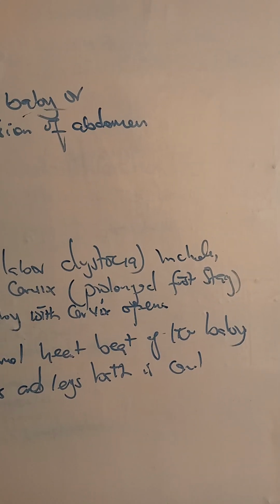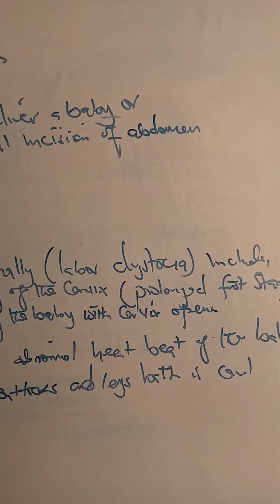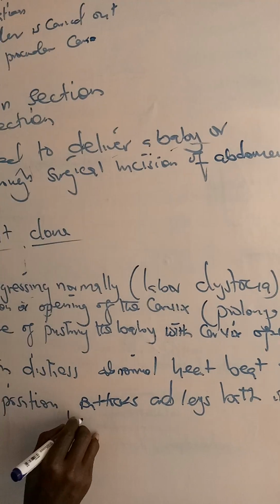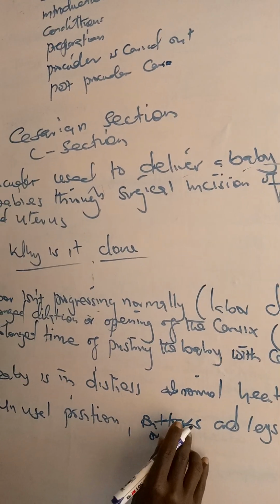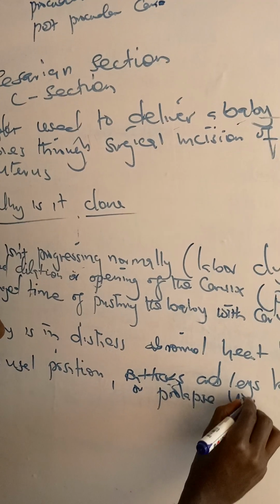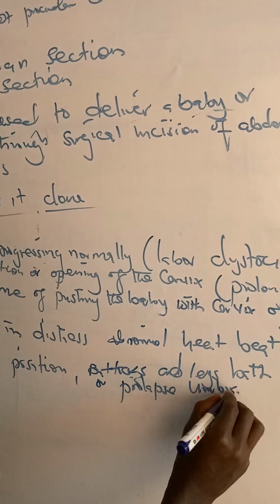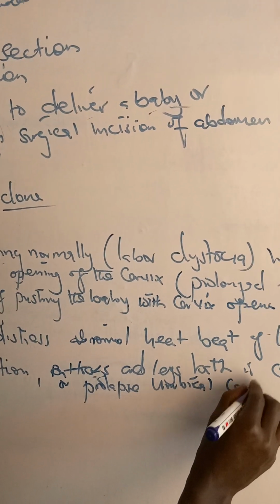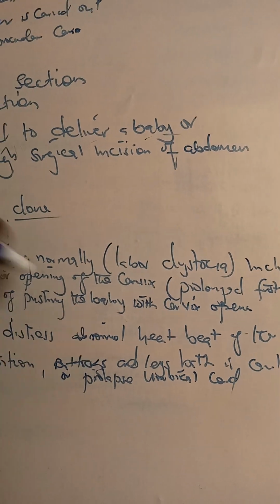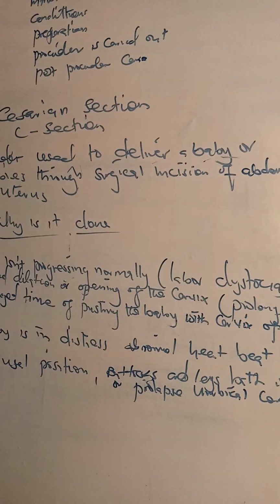Or you find the umbilical cord is prolapsed, like the umbilical cord is coming out first in front of the baby.